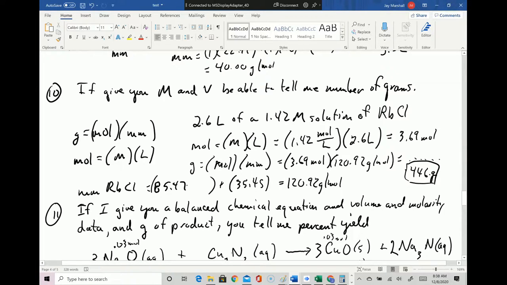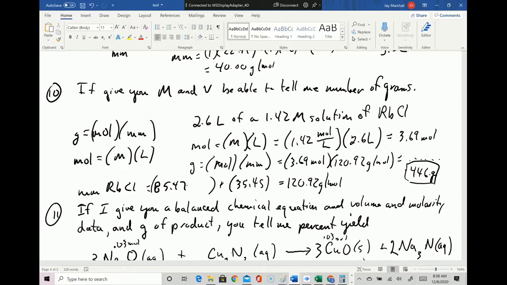So if I give you molarity and volume, be able to tell me the number of grams you need. And as with any problem, the first thing you do is write out the formula that gives you the answer. Grams equals moles times molar mass. Oh, wait, I don't have either of these things. I'm going to have to figure them out.